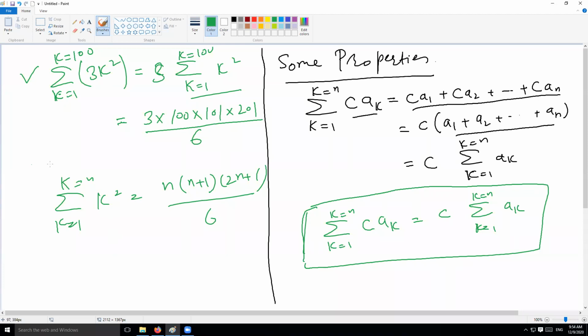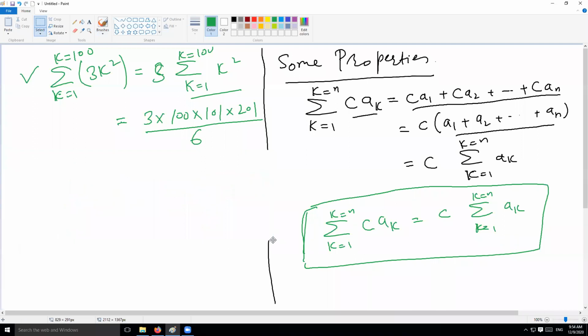And in fact, you can really generalize this sum. So for example, if I give you the sum from K equal to 1 to K equal to n of the square root of 2K square, what would be the formula for this sum?